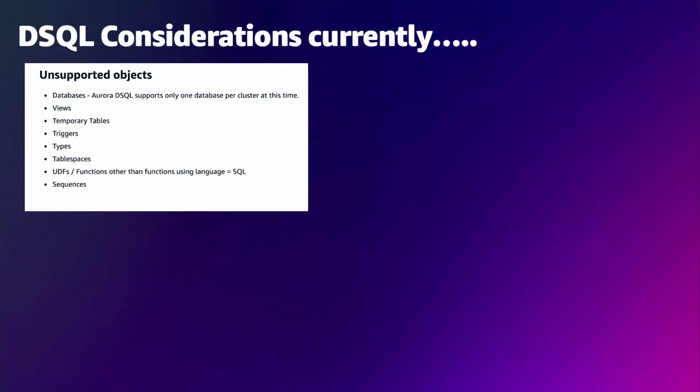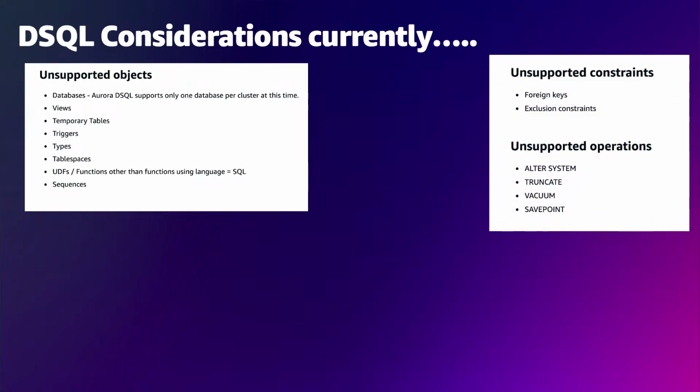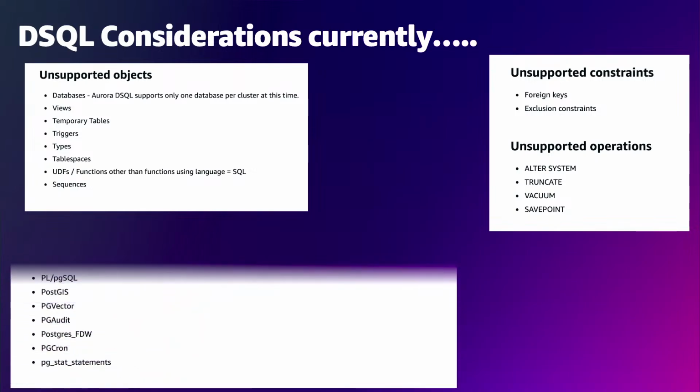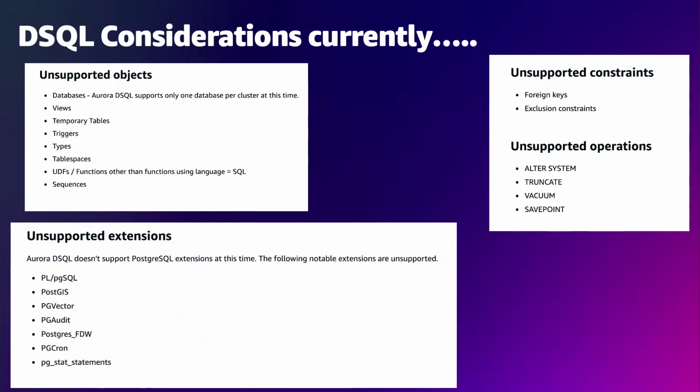So, considerations. Unfortunately, still in public preview. There are things which are not supported, like views, triggers, normal stuff normally used within DBs. There are also some operations. One of the most requested features is foreign keys. Yes, they're not supported yet. And there are also some nice extensions which are not there.